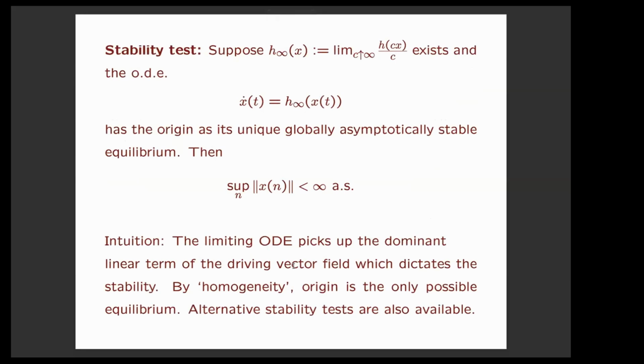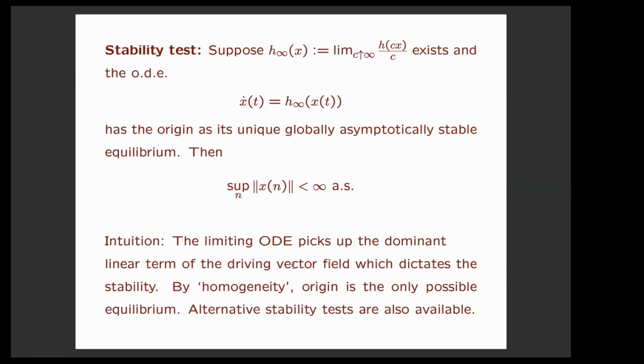Okay, so this is the one thing I want to say. I assumed that the iterates are stable, and there's no universal test. There's one stability test I mentioned, which is useful in reinforcement learning. Basically, it assumes that the limit h infinity of x exists, where you scale it: h of cx divided by c, and let c go to infinity. What it means is that the dominant term is linear, which is true for dynamic programming.